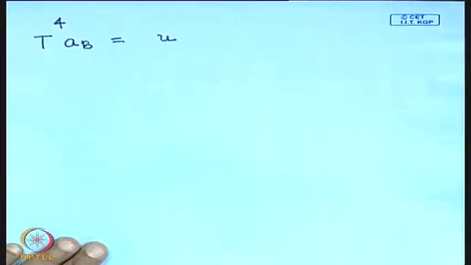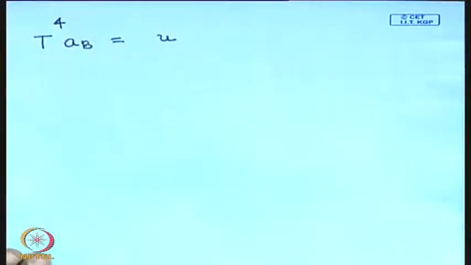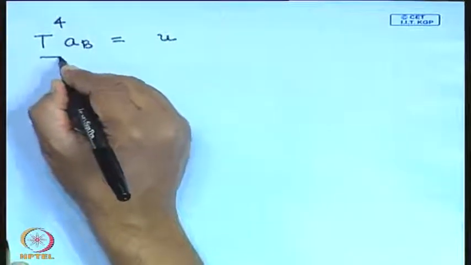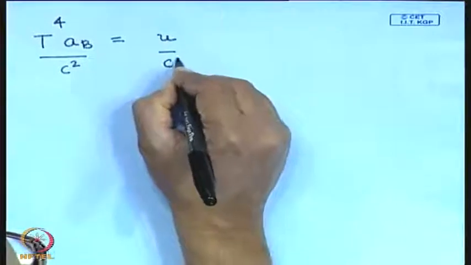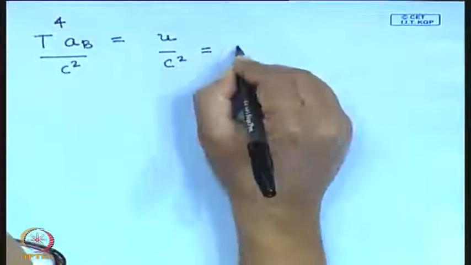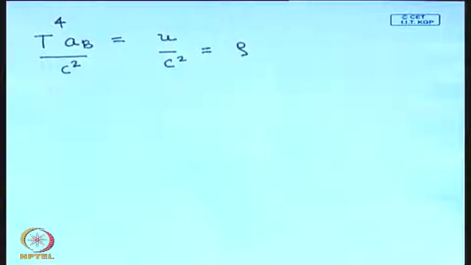2.73 Kelvin. Not only do you have an energy density, you can also think of an equivalent mass density. If I divide this by c squared, I get rho.